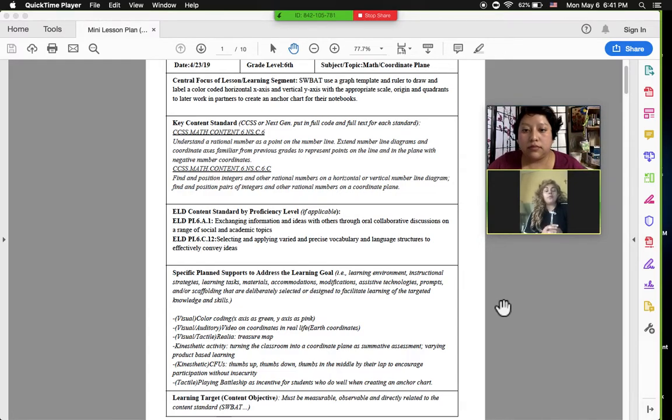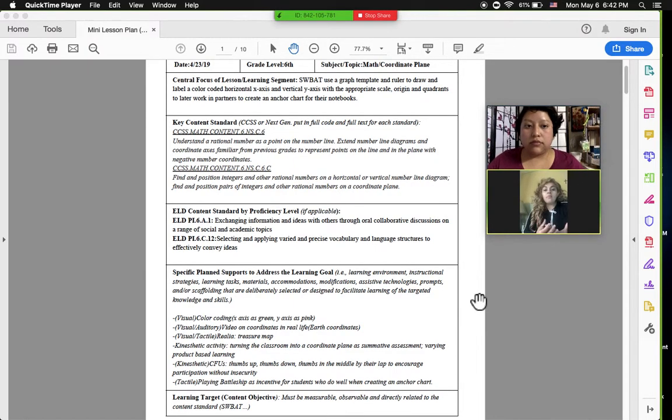We were able to pick this one because, as you can see, it talks about 5th grade and 4th grade standards, where they were introduced to the coordinate plane but did not really dig deep into the content as they do in 6th grade.